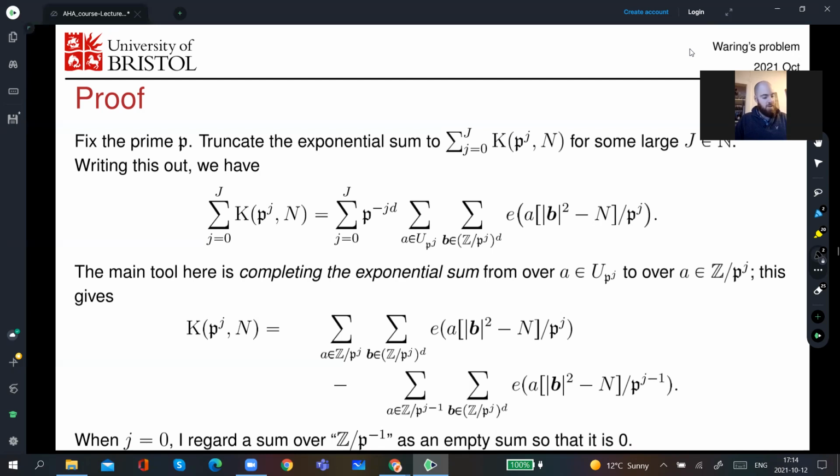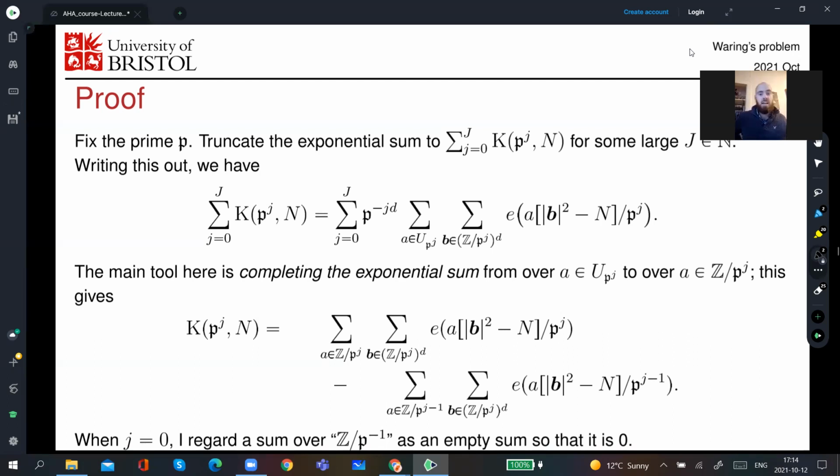Where is that coming from? My Kloosterman sums, each one of them is an average over z mod p to the j in d dimensions, and with another average over the units modulo p to the j. Now for each one of those, I just extend: I consider not just the units mod p to the j, but I consider all the residue classes mod p to the j.